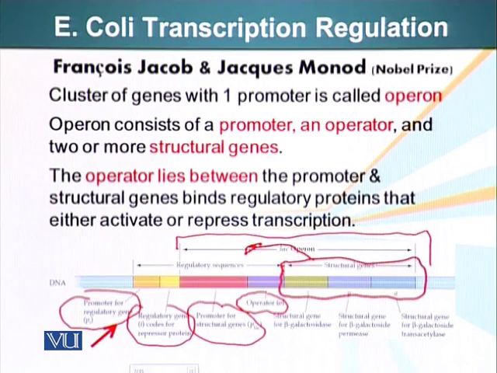Lactose is a disaccharide made up of two monosaccharide units, galactose beta linked with glucose. If lactose is present, bacteria would need to make enzymes that can process it. If lactose is not there, it would be very wasteful for bacteria to keep making enzymes for a substrate which is not available to this organism.